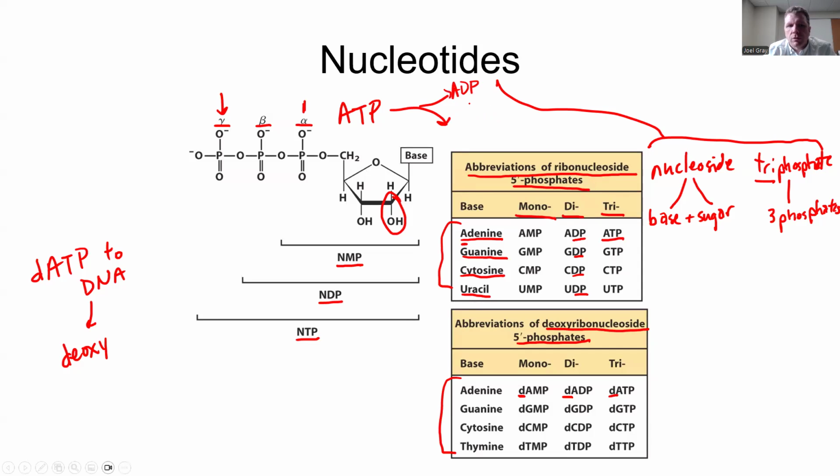Which phosphate is transferred to your glucose molecule? Gamma, the gamma phosphate. Perfect. Great job, everyone. So we're transferring that gamma phosphate. That means the alpha and the beta remain. This also means the alpha phosphate is bound to your 5' carbon.